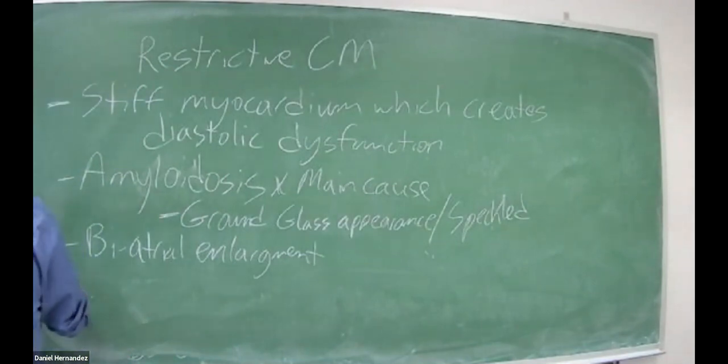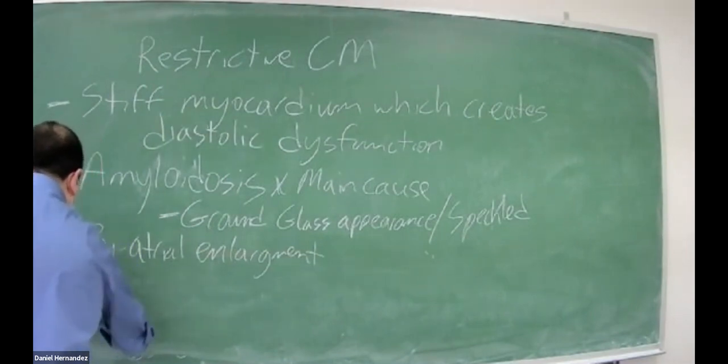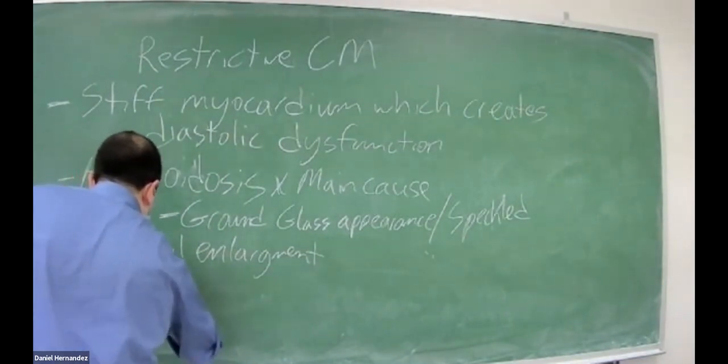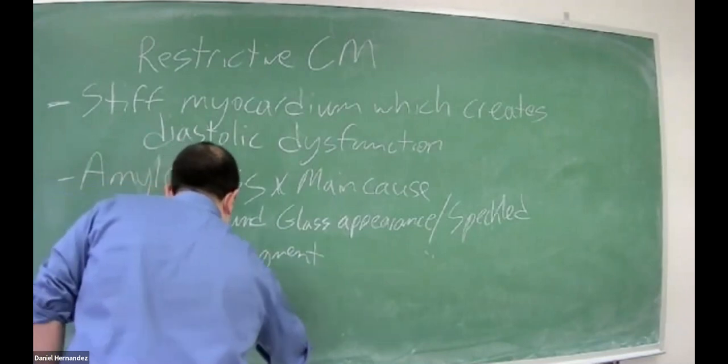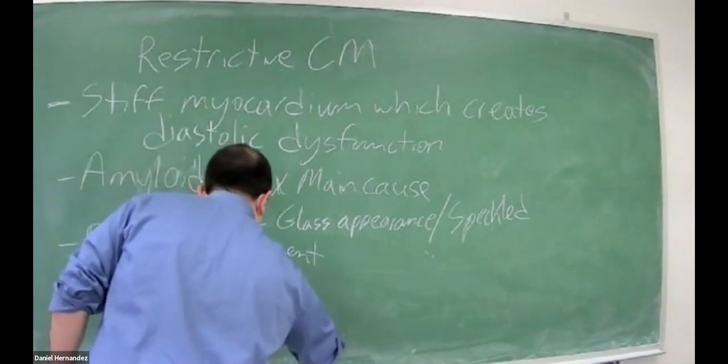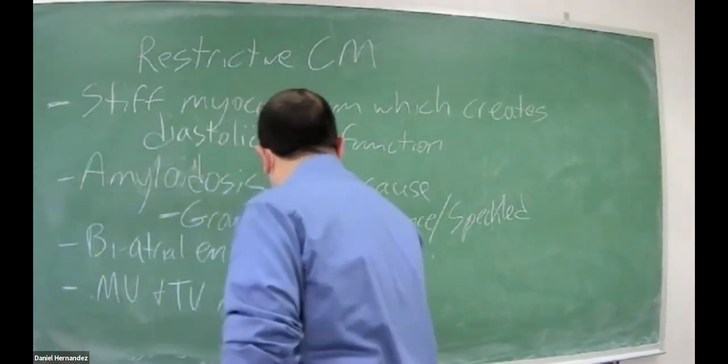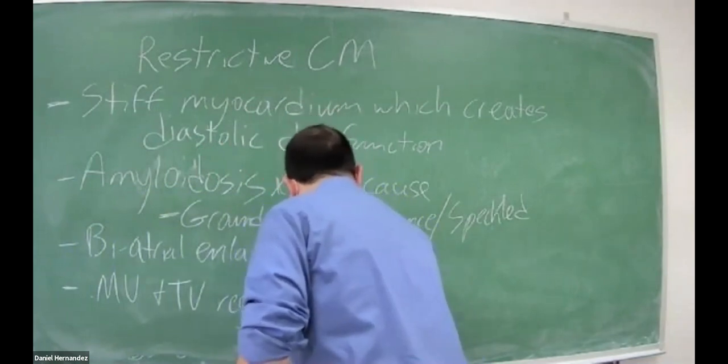With restrictive cardiomyopathy, mitral and tricuspid regurgitation is usually present.